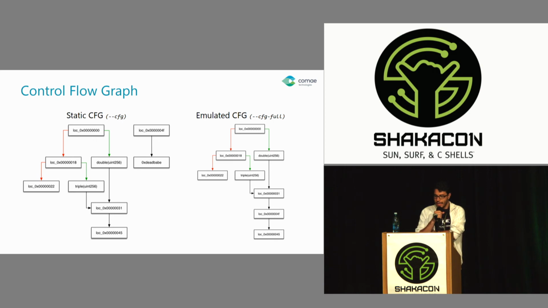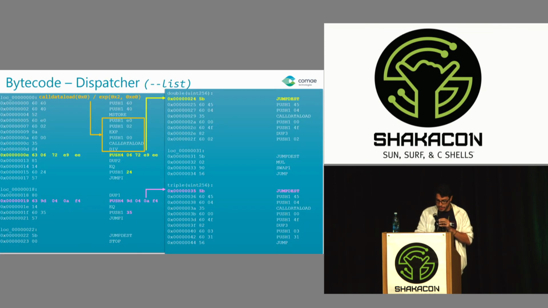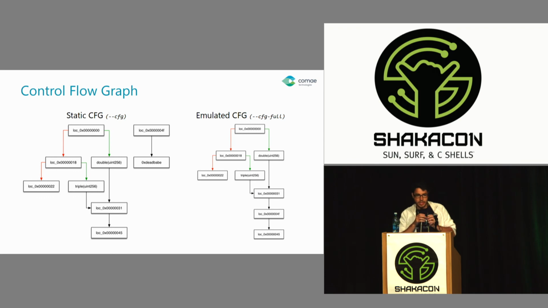In most cases, even though that example was very straightforward and simple, you will still need to emulate it to retrieve all the parent callers for each basic block. So here, for instance, we see the basic block at 4F is an orphan block because of the stack manipulation operations that I was mentioning before.